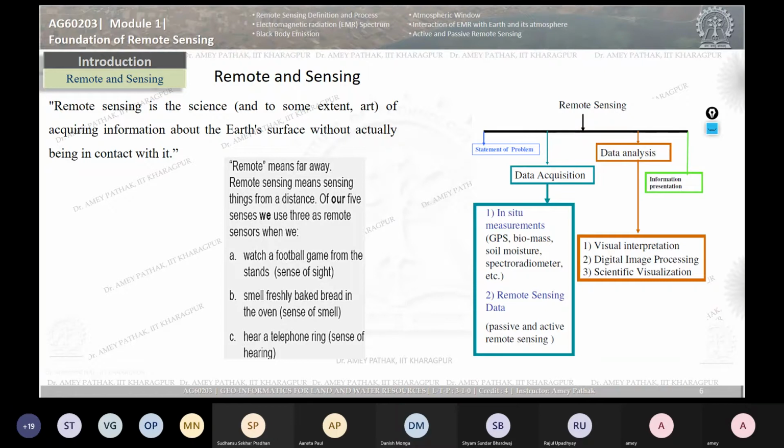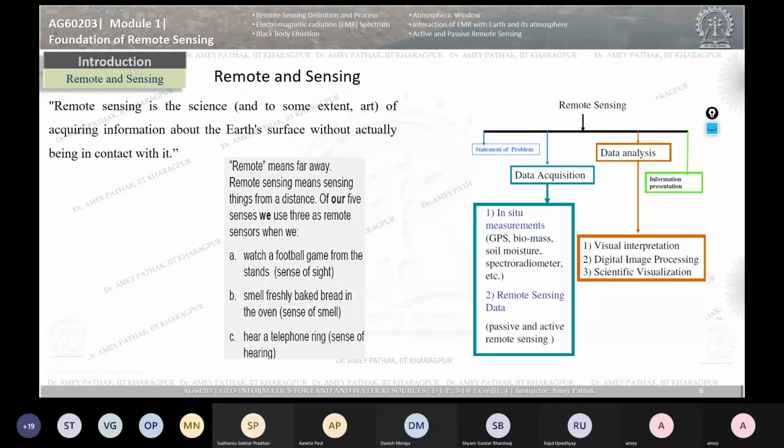How much reflectance is captured can be measured by this, using the GPS. That falls under the category of in situ measurement. Whereas remote sensing data is by sensing the object remotely. This can be achieved by active or passive remote sensing. We'll see what is meant by active and passive in the next class.